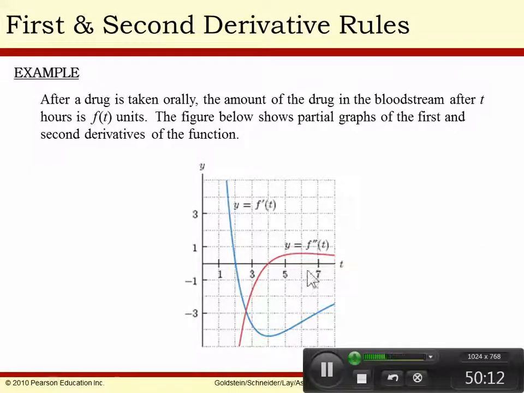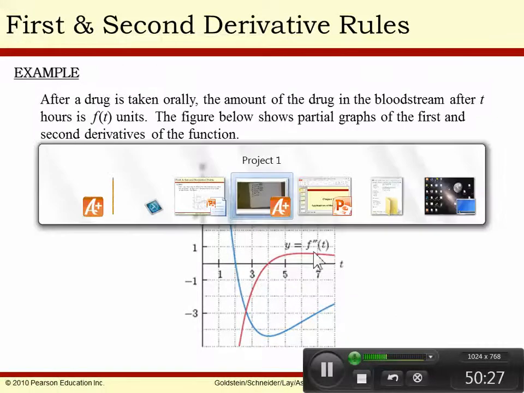Right. If we look at our second derivative, this is 4. The second derivative is greater than 0 when we're greater than 4, because this is 0 for the second derivative, now we're greater than 0. Okay, so now we have our conditions written down. Let's draw it.